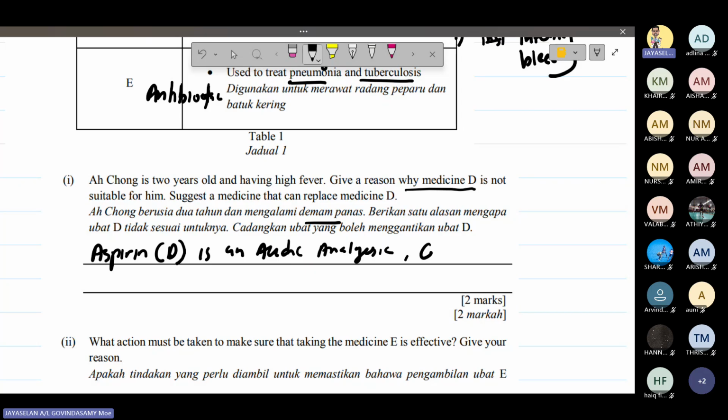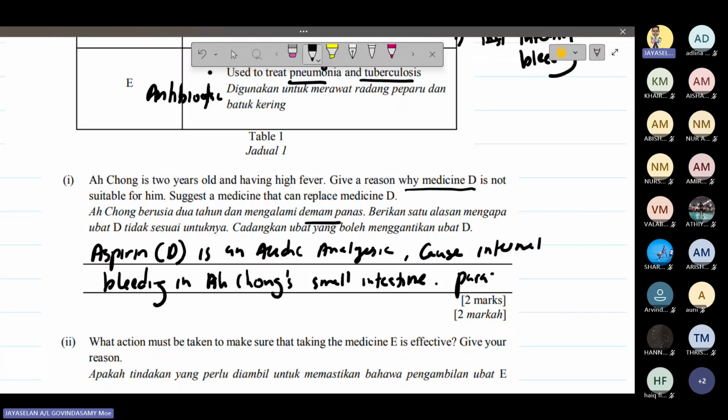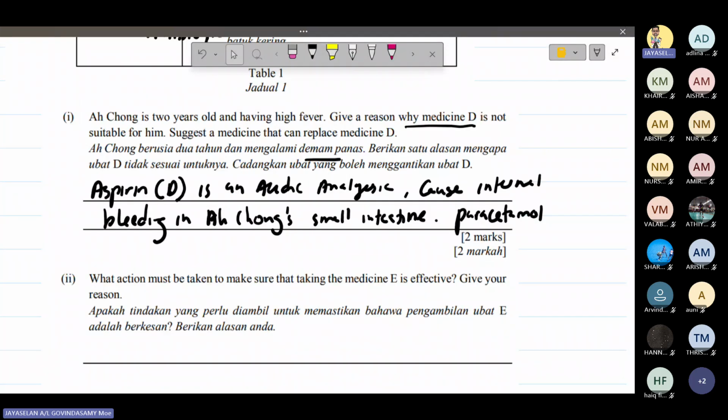It can cause internal bleeding in Ah Chong's small intestine. You already score 1 or 2 marks. Suggest another medicine that can be taken by Ah Chong: paracetamol, same analgesic. Any question?